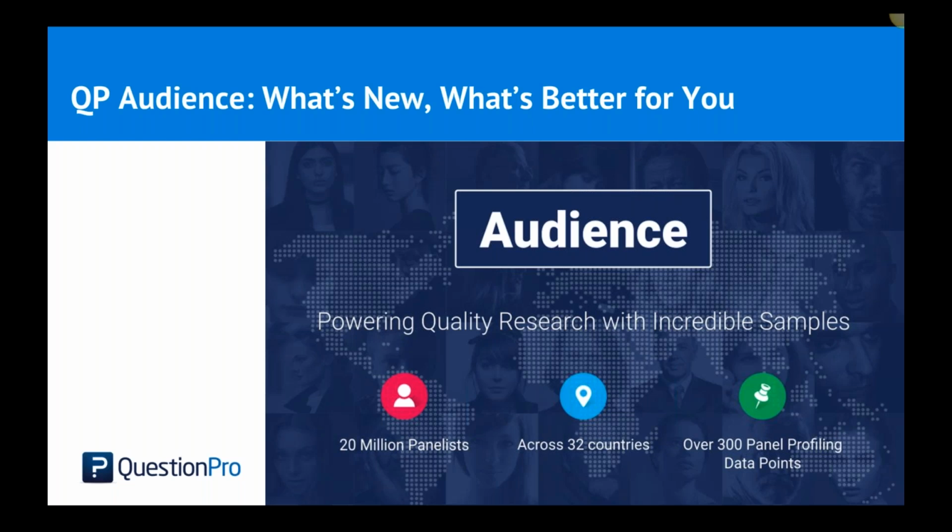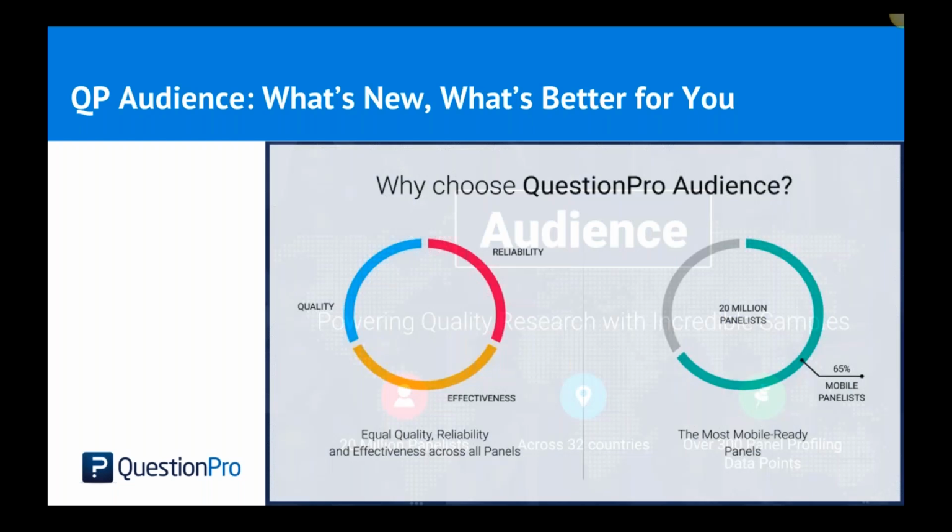One of the key things that QuestionPro Audience has been very successful on is concentrating on specific niches in the sampling industry, and it has allowed them to be some of the best in these particular areas. We'll showcase what those are shortly. So why choose QuestionPro Audience?